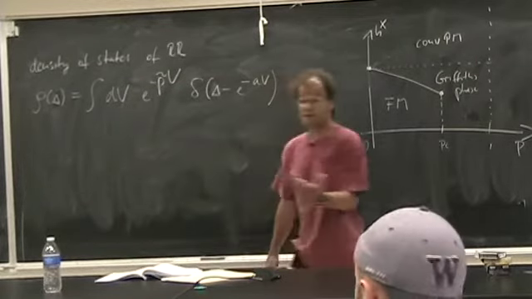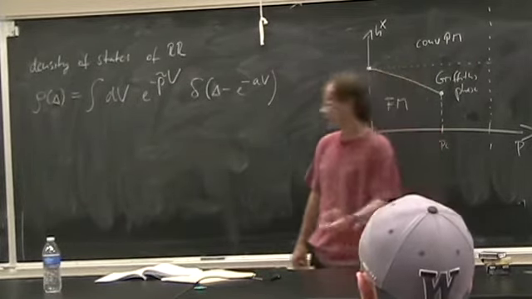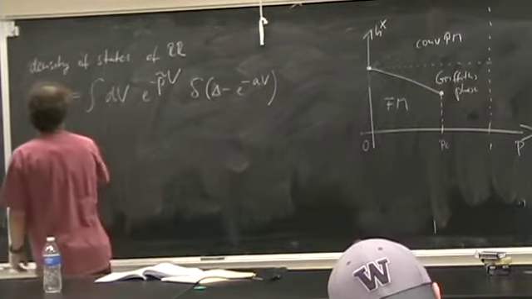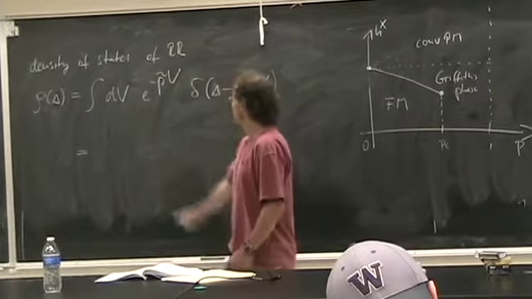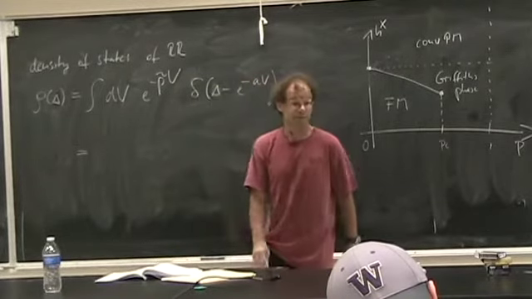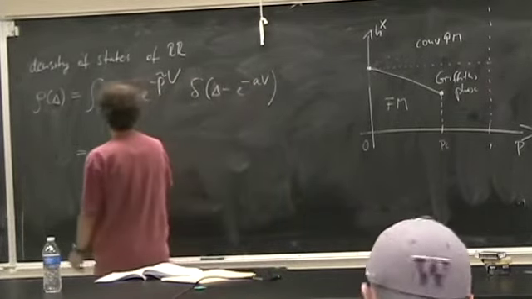Okay. And that's something that you can immediately carry out, right? The trivial integral. And the very nice result is that the two exponentials combine to give you the power. Right? So I leave the actual calculation to you.